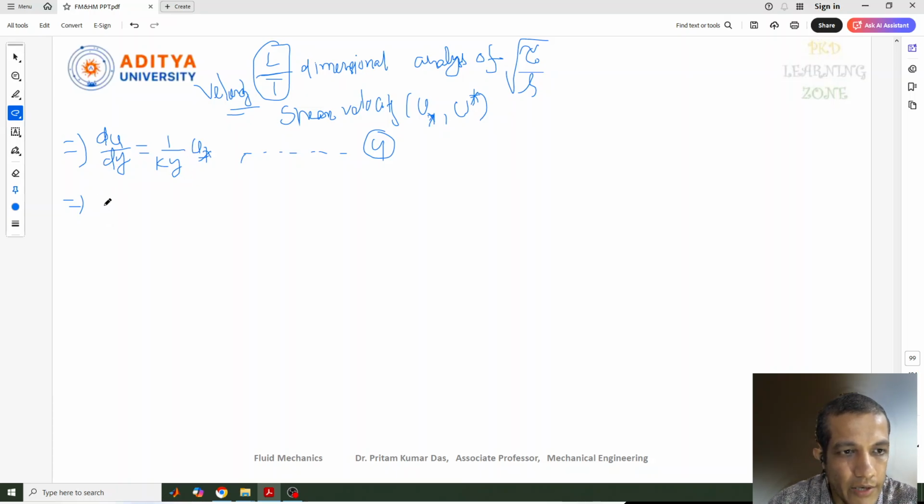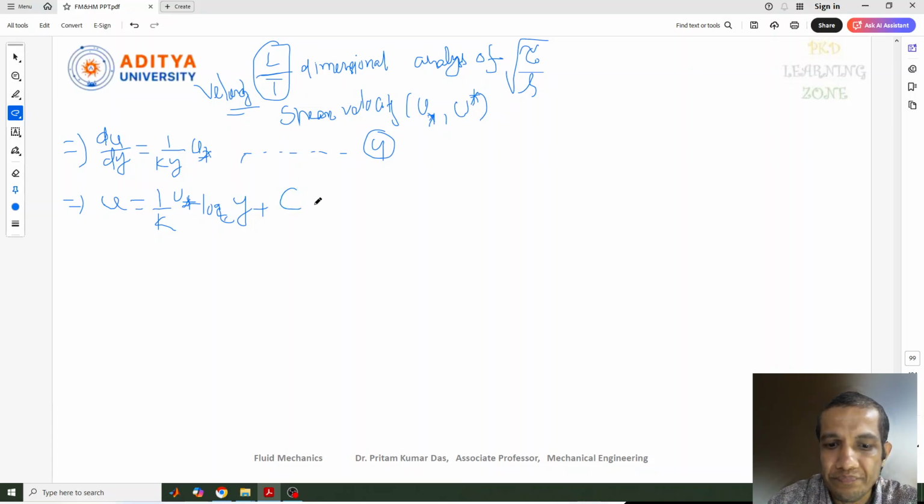So integration of du will give u. Again 1 by k is constant, we can take it out, and this is u star, as well as dy by y will be there, so that will be written as log e y plus c.